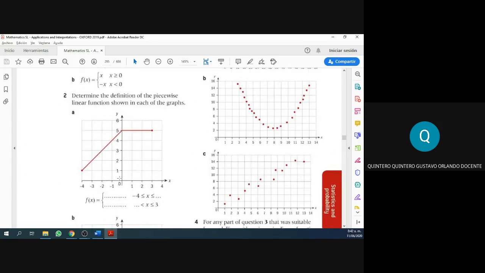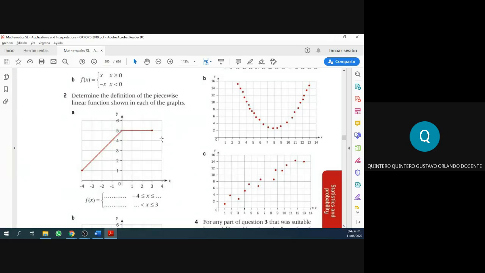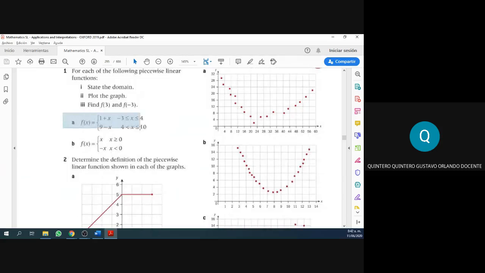Now, how can we detect a piecewise function? We can detect it by looking at the drawing, just like I said, just from the behavior, or we can detect it from these types of expressions. In the past, we have worked with f of x equals and then just one line of instruction. But in this case, we have this corchete.